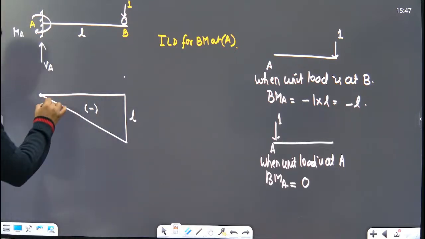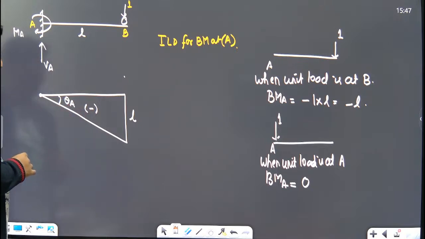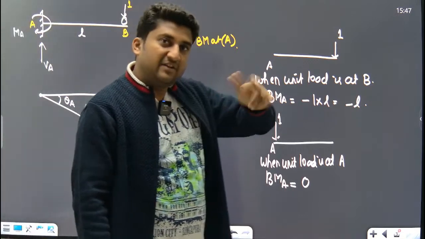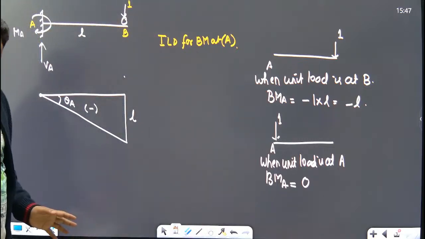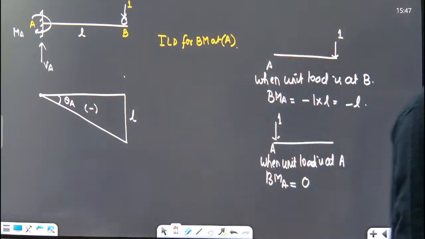So what is the rotation here? It is theta A, perpendicular by base. This is 1. Assume, without removing the support at A, an imaginary hinge and give a unit rotation. Remove the fixed end moment. Assume an imaginary hinge and give the unit rotation.